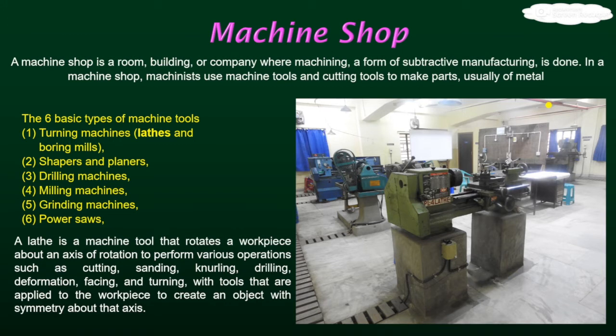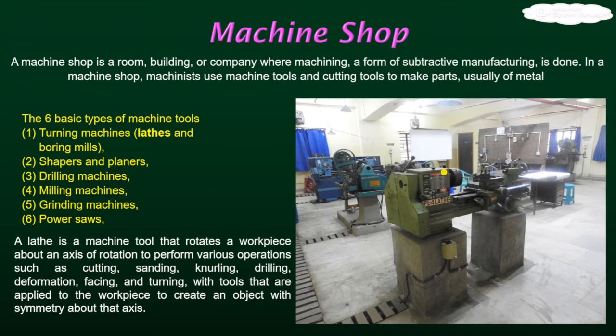Machine shop. What is the function of a machine shop? Machining operation is performed here. It is a photo of the institute BBIMT, where a number of machines are there for the machining operations. Now, what is this machining operation?